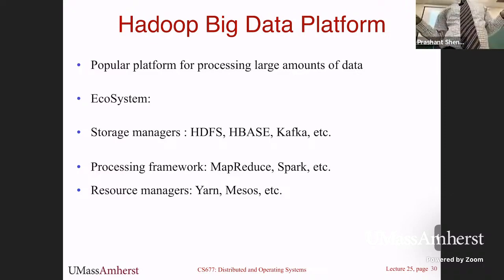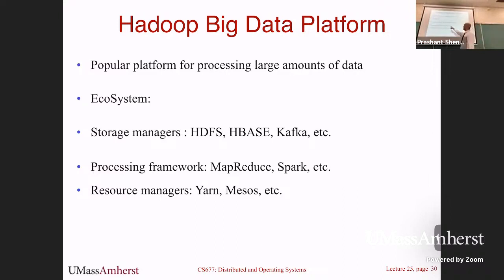Then you have compute nodes that are essentially either mappers or reducers. The mappers are going to read from HDFS and process data. They can then send that to reducers, or the intermediate results can actually be written back to HDFS, and reducers can read from HDFS, process it, and produce the end result. So both of those options are possible.